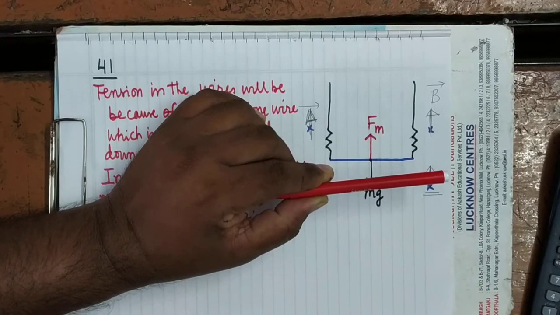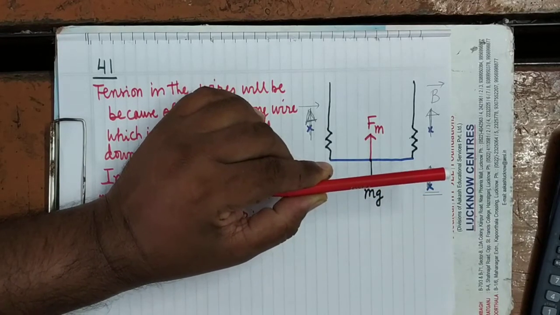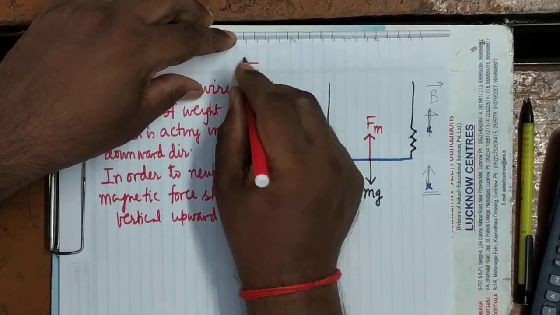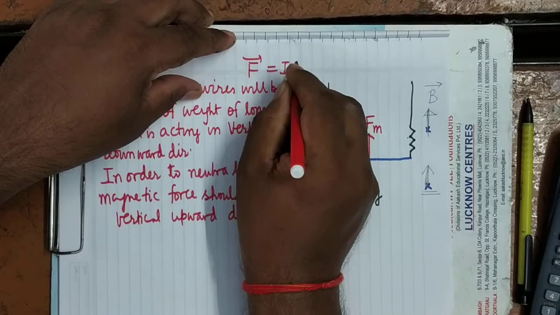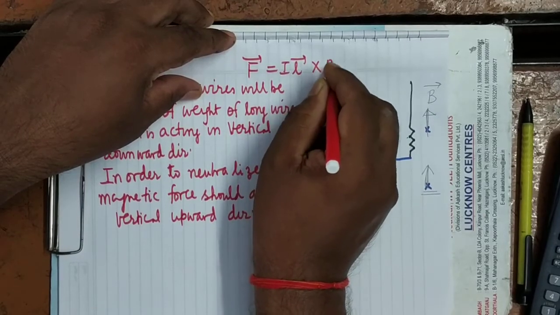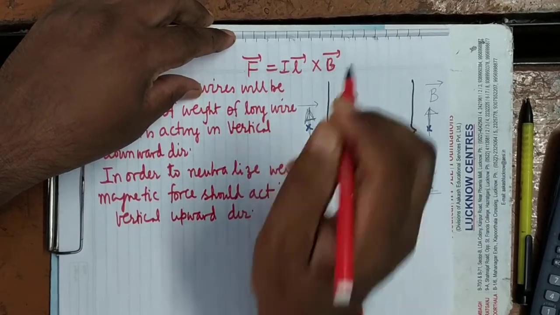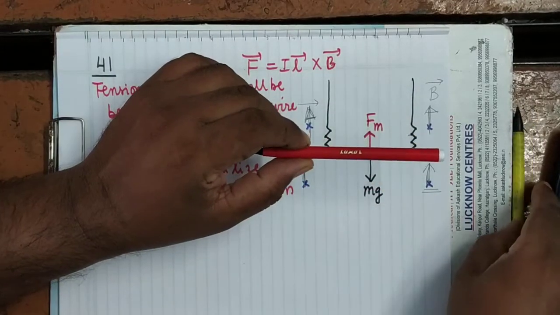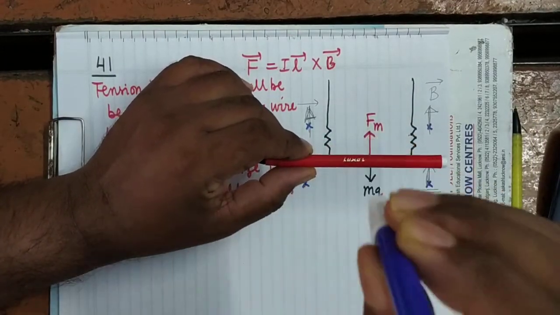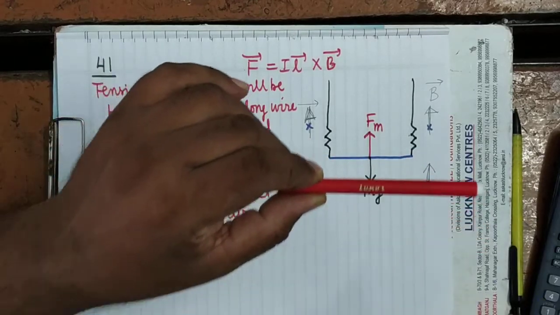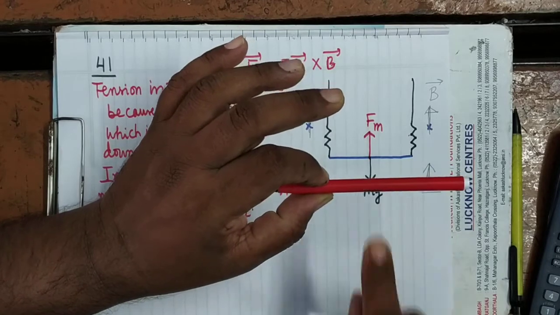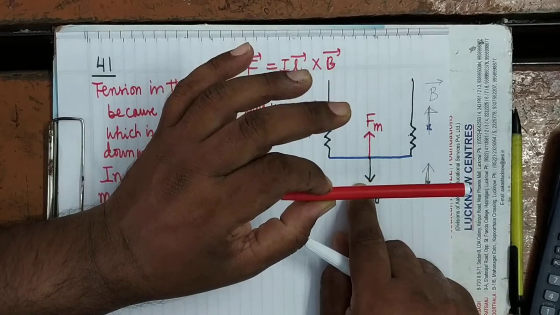Magnetic field cannot be vertically downward, because as we know in this formula, vector F equals vector I L cross vector B. All the three are mutually perpendicular to each other. So here F will act in this direction, mg will act in this direction. There is no freedom in this. Mg will always act in vertically downward direction.